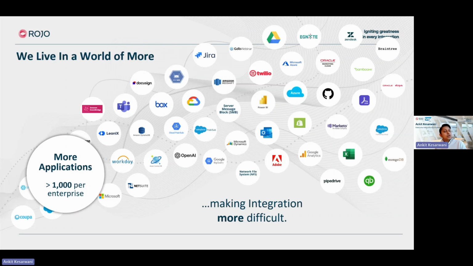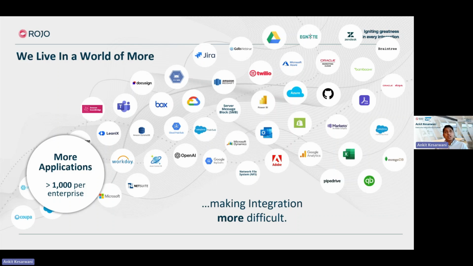All these applications are mostly SaaS in nature, and since they are SaaS applications, they have their own updates, which are mostly quarterly. So what does it mean? As an integration team, we have to make sure that whenever there is an update to these applications, our integration doesn't get impacted. We are able to absorb the new features coming in the SaaS application into our integrations.